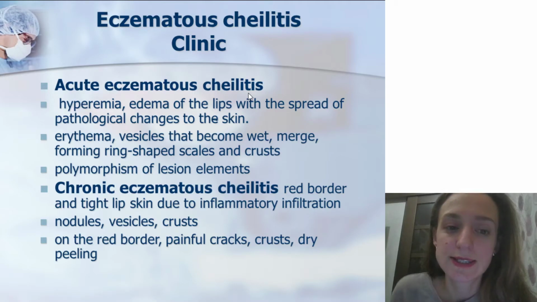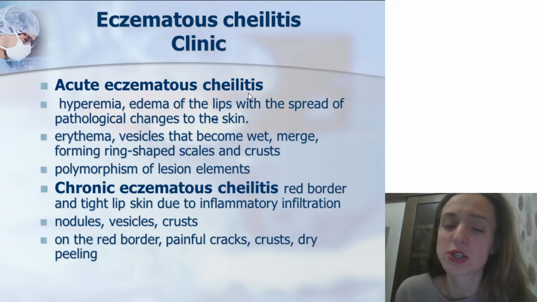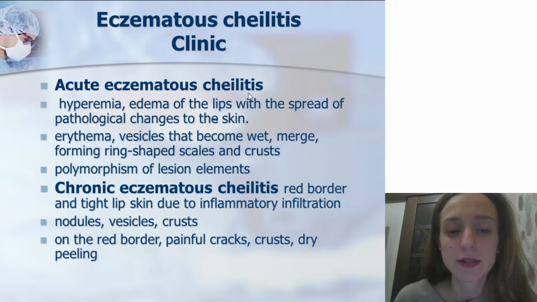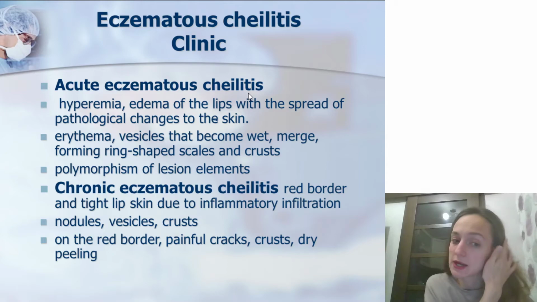Clinic: acute eczematous cheilitis, hyperemia, edema of the lips with a spread of pathological changes in the skin, erythema, vesicles that become wet, merge, forming ring-shaped scales and crusts, and polymorphism of lesion elements.